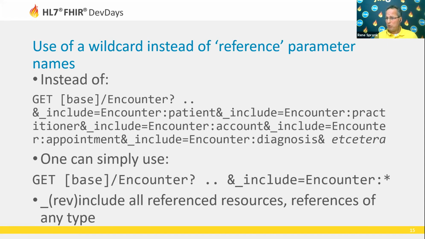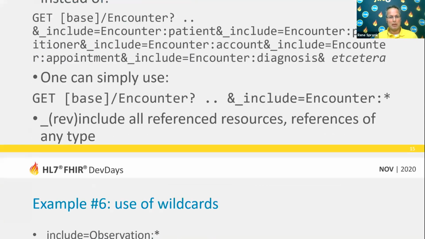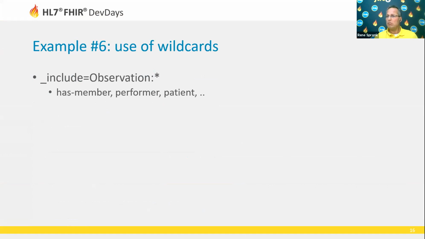Now this is a potentially very powerful mechanism, but also quite a burden on the server. Not at this level of complexity that we're seeing in this example, but certainly if we were to combine this with iterate, then it's going to get a bit hairy. So examples include observation : star.